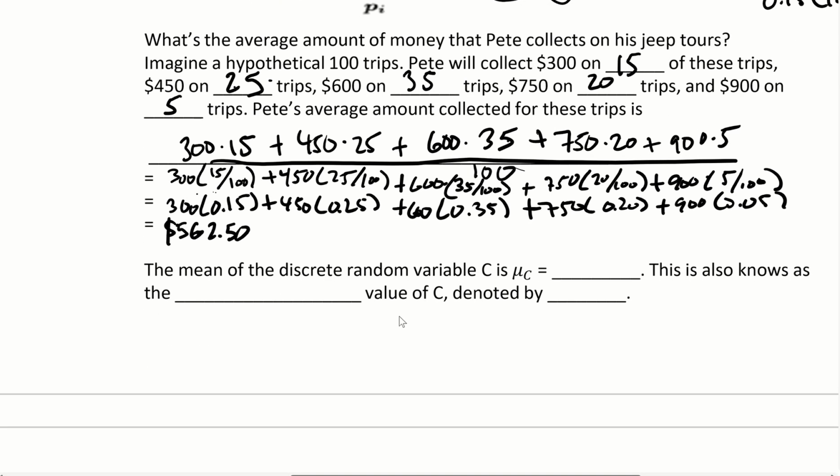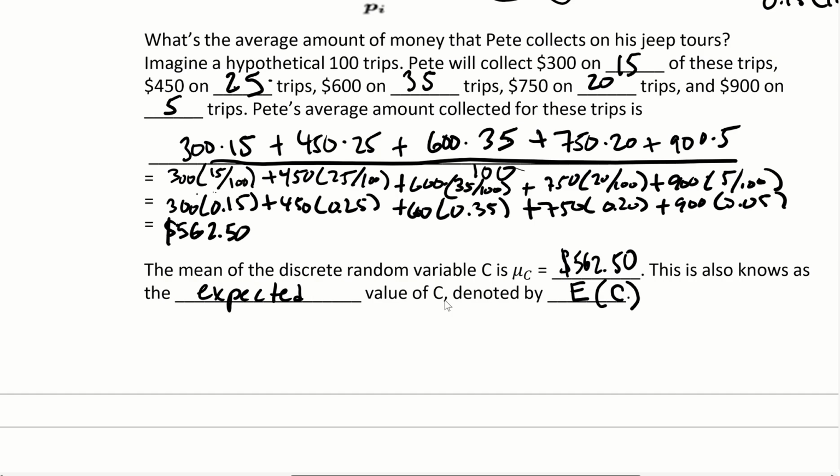So the mean of the distribution we said was $562.50, and the mean is mu, so mu C. This is also known as the expected value. So the mean of a random variable is known as the expected value, which is also denoted by an E. Okay, so in this case, it's E of C because C is the random variable.